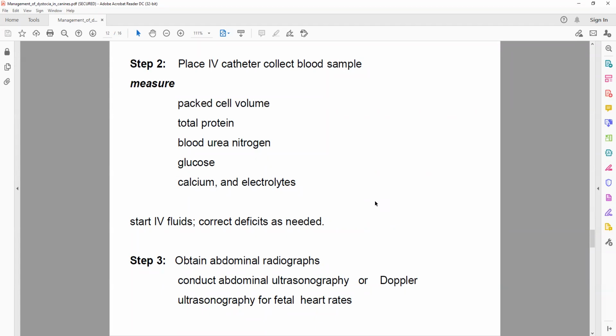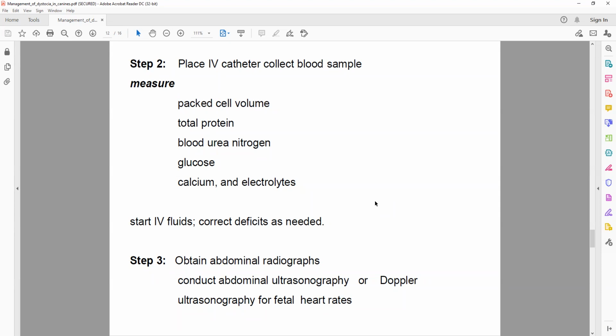Now you can go for abdominal radiograph, you can go for ultrasonography. Ultrasonography will tell you whether the fetuses are live or not. By heart rate, you can ascertain that yes, viability is there. And again, it is important, I'm telling you. Why?